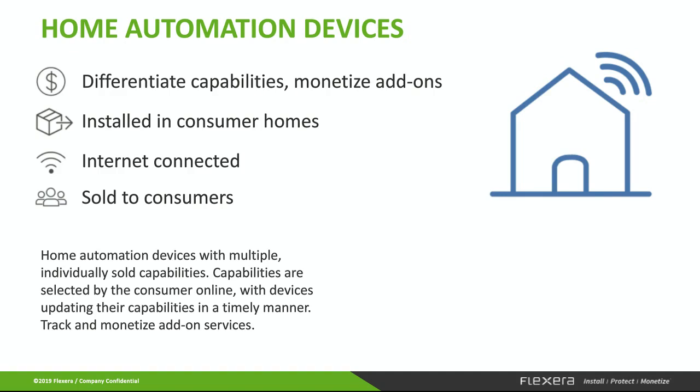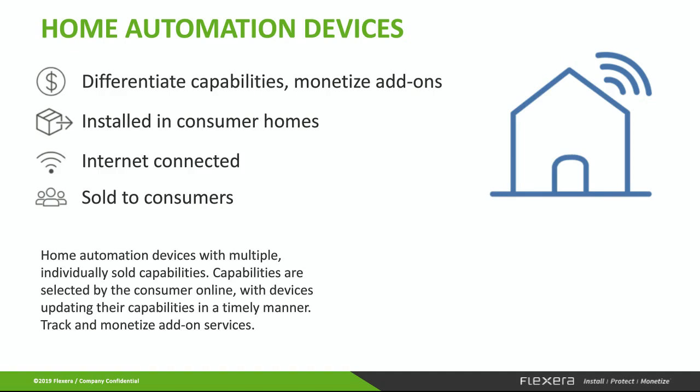These devices are obviously connected through the home broadband, but you probably want your consumer to have the ability to log into a portal and add or remove capabilities from their system at will, and be able to self-serve that, and then have their home automation devices update themselves in a timely manner.